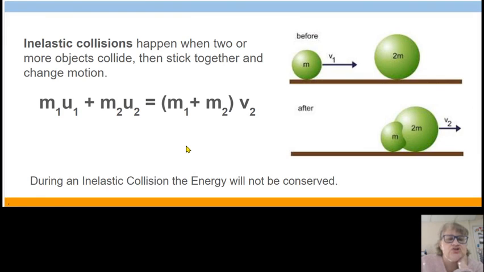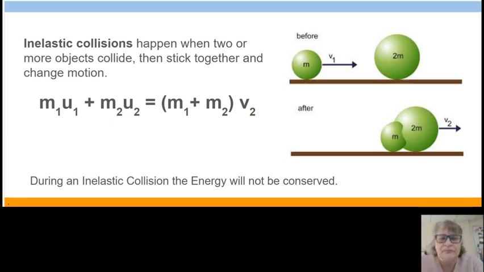So as I said, an inelastic collision happens when two or more objects collide and then they stick together. Kind of like two vehicles colliding, right? Sometimes if somebody rear ends you, they kind of stick to your car, and you have to get somebody to get them apart.